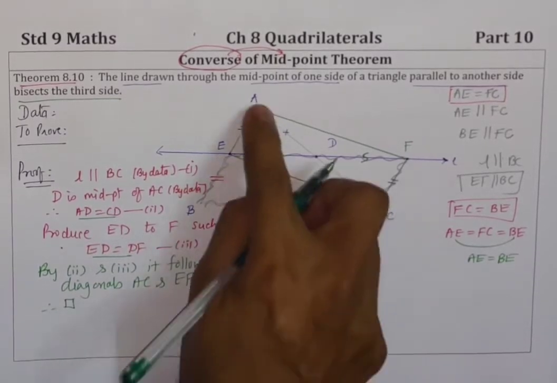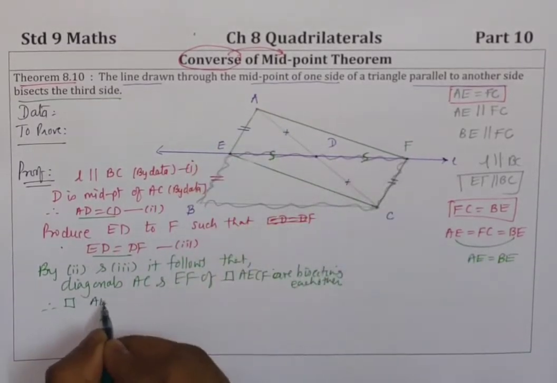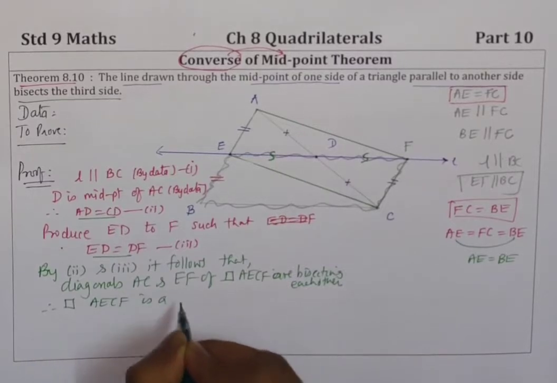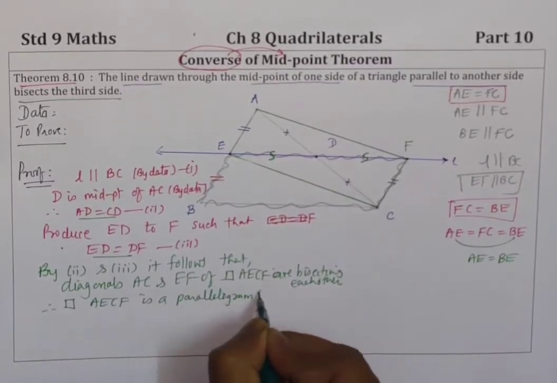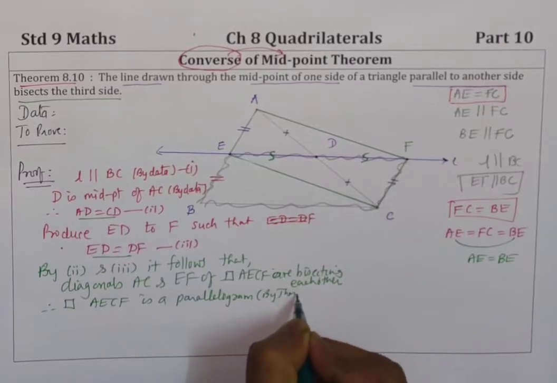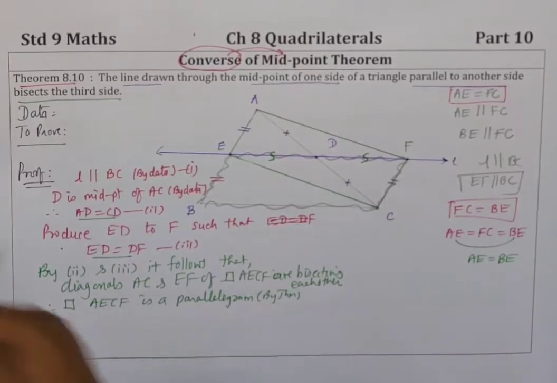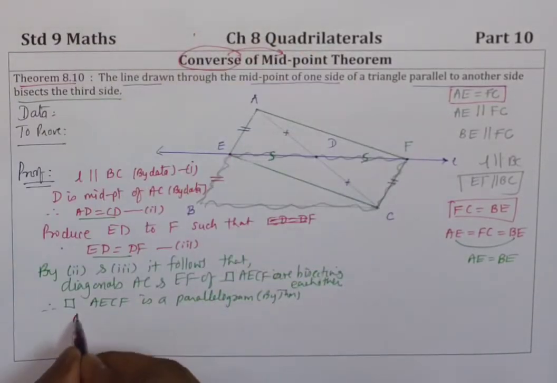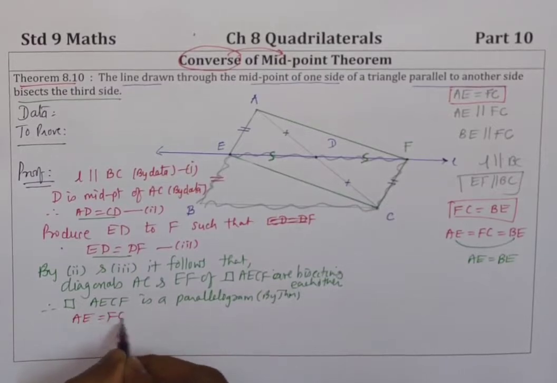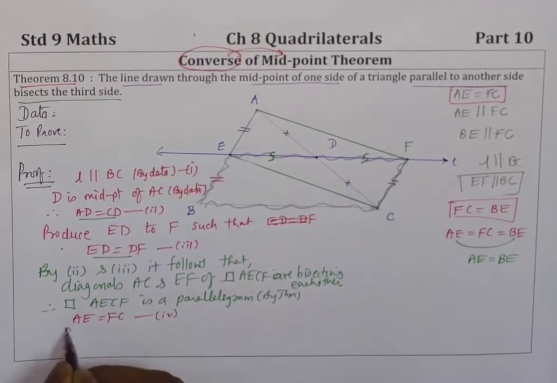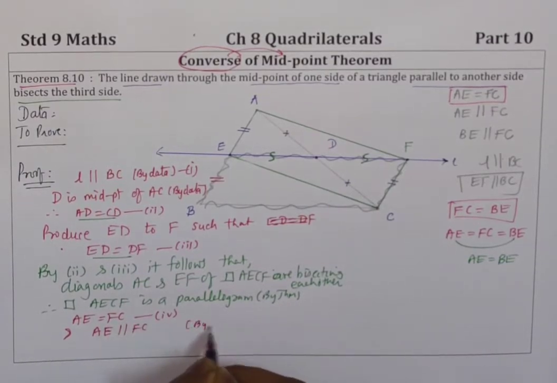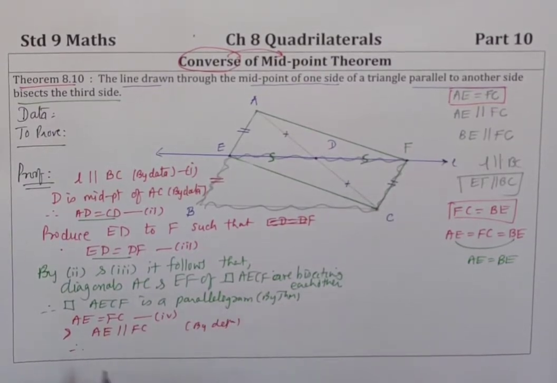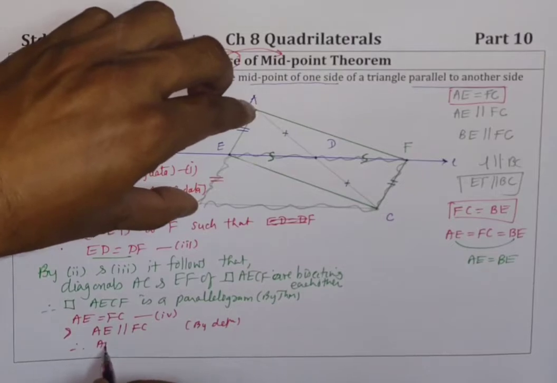Therefore, quadrilateral AECF is a parallelogram, by the theorem, by the property. So AE equal to FC, call it result 4, and AE is parallel to FC. That is by definition.